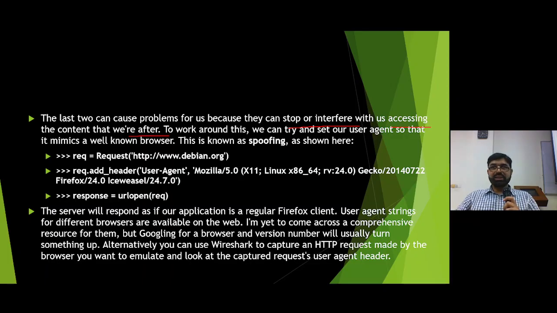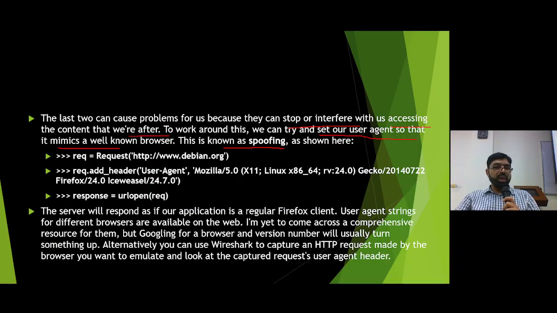So what is the workaround for this? To work around this, we can try to set our user agent so that it mimics a well-known browser, and this is known as spoofing. Have you read about this concept of spoofing? No? It means pretending to be someone which is not right. So now we are Python urllib, but we are pretending to be some other user agent.